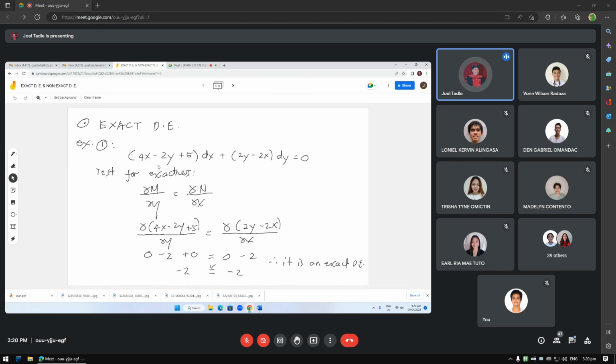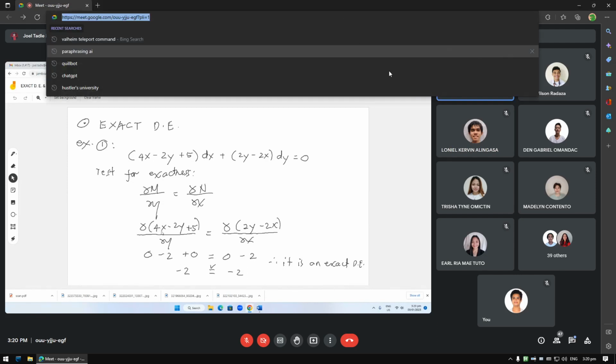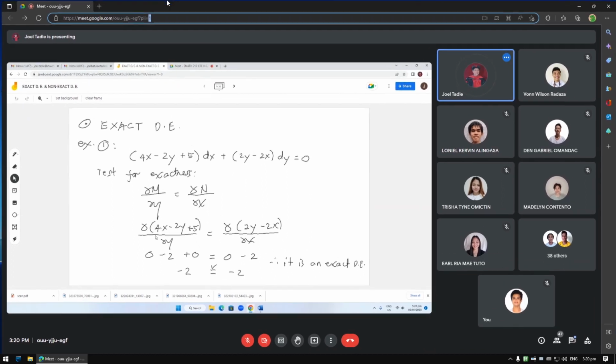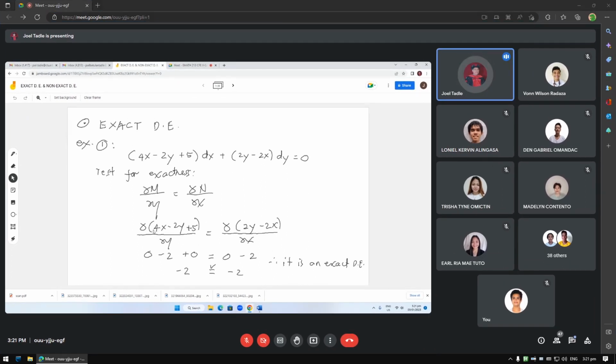So atong i-substitute ang atong M, kana siyang quantity 4x minus 2y plus 5, ug ang atong N, partial quantity 2y minus 2x. Then differentiate. So take note guys nga inig differentiate nato with respect to y, ang other variables atong i-consider nga constant.